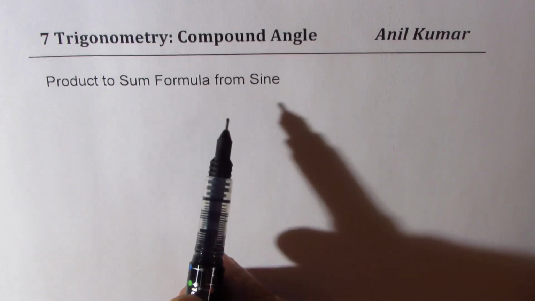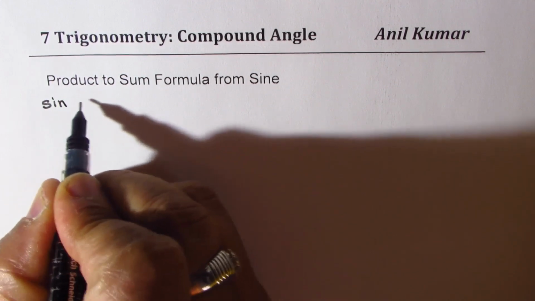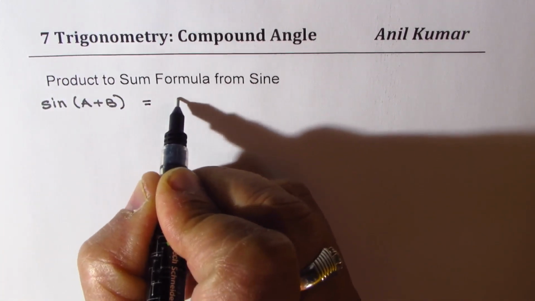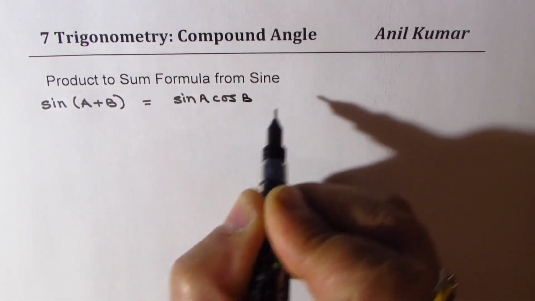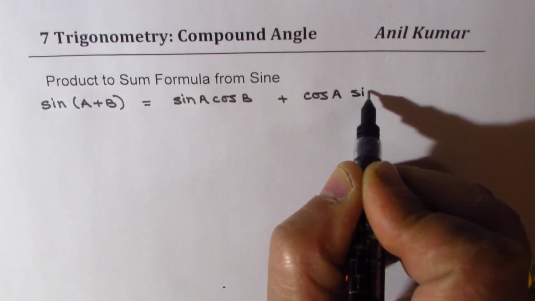Begin with the sine function and derive new formulas from what we know. We know that sine a plus b is equal to sine a cos b plus cos a sine b.